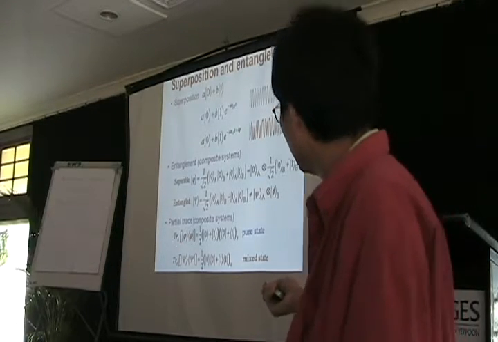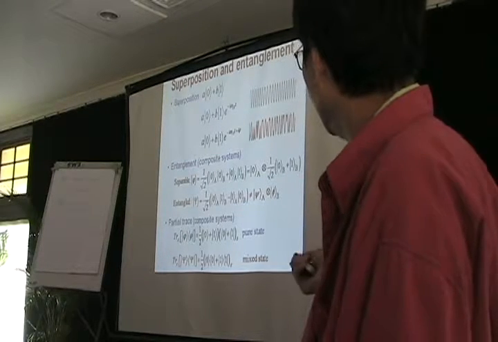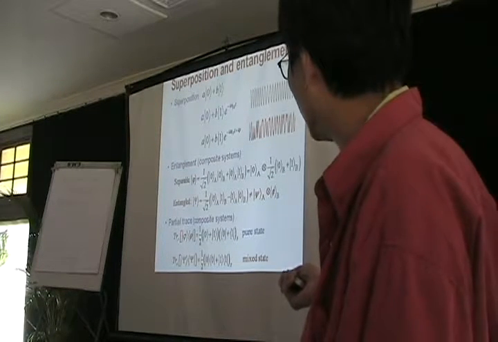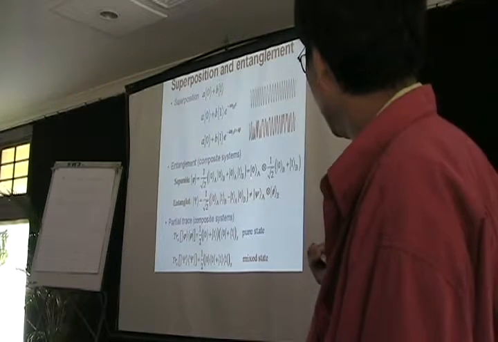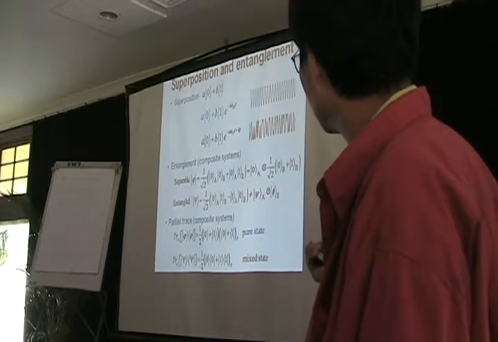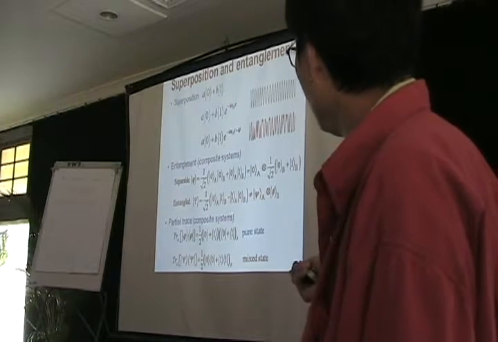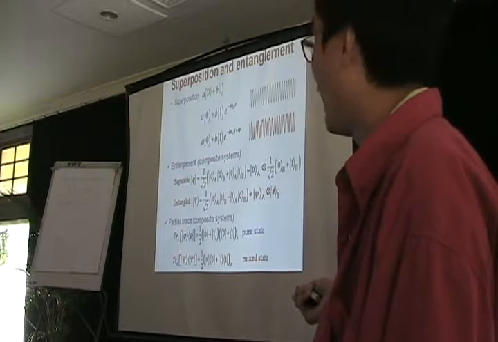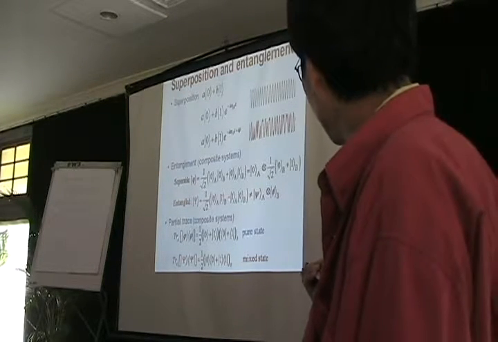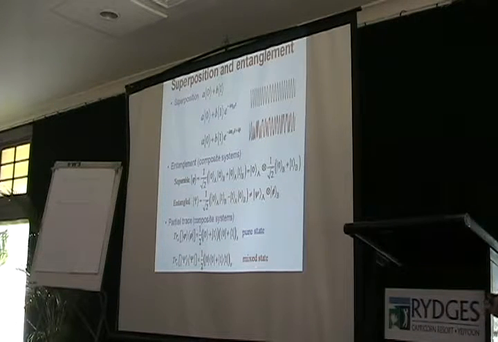For example here, if I trace over the A subsystem for this separable state, written in density matrix form, then this is a pure state. If they are separable, I just trace out this, and what I am left with is this. But if A and B are entangled together, and I do a partial trace on A, I only get a mixed state.